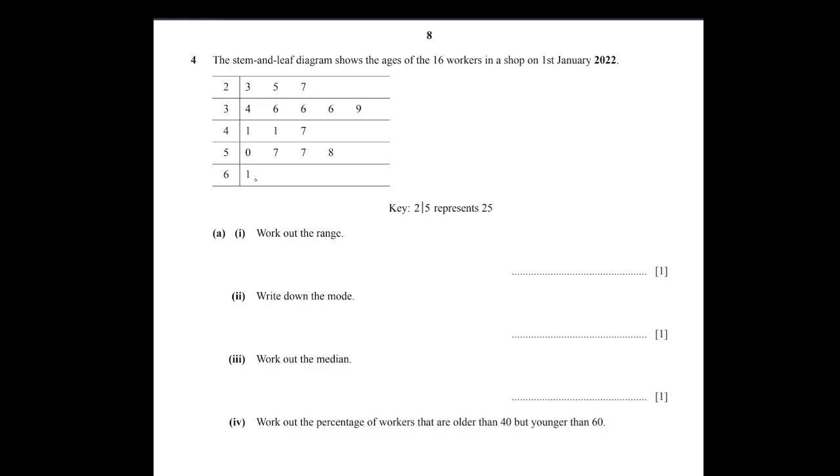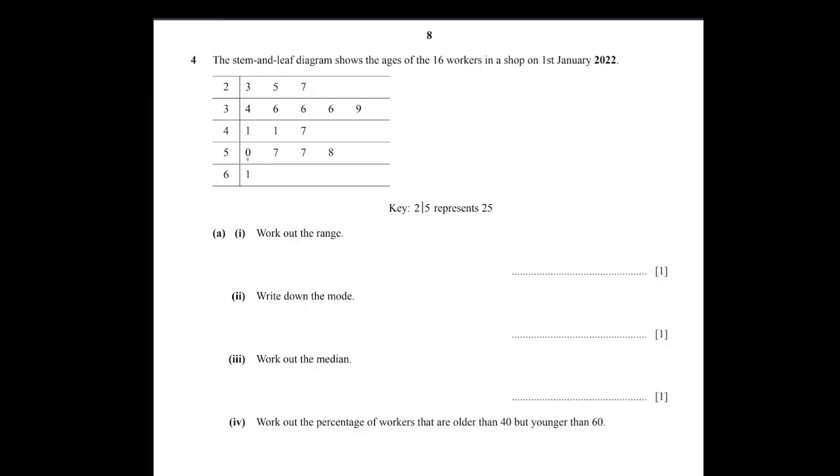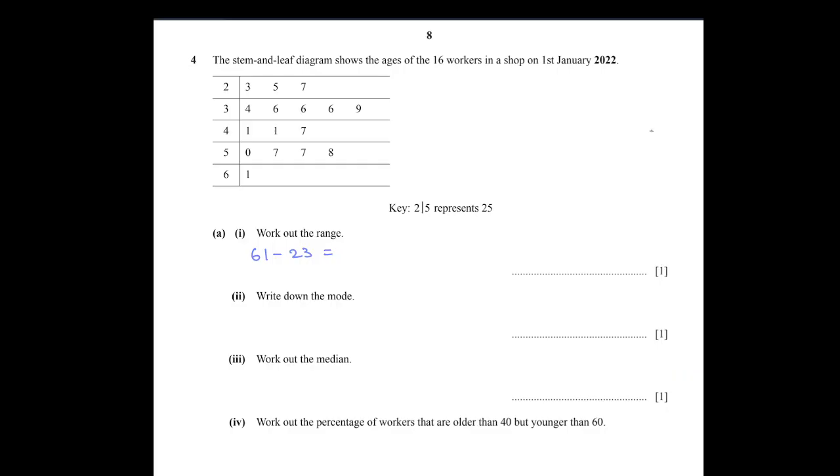These are all the ages. Now we have to find the range. Range is the biggest value minus the smallest value. The biggest value is easily found because the stem and leaf diagram is already drawn. 61 minus 23 is 38. The range is 38.